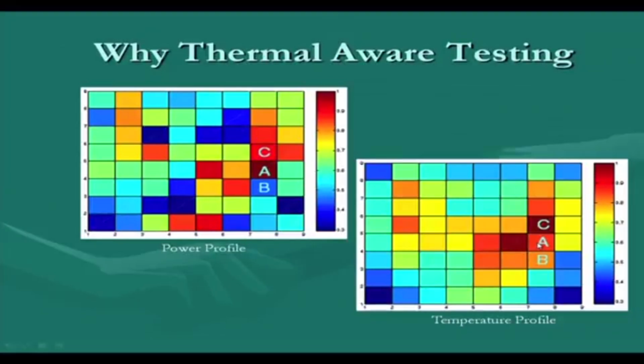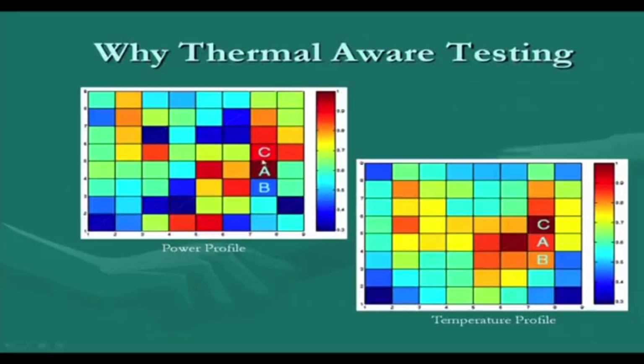Because the heat generated depends not only on the power consumption of a single block, but also on the surrounding blocks, because through the boundary the heat will be transferred. It will be transported from C to A or A to C, and similarly for this one.